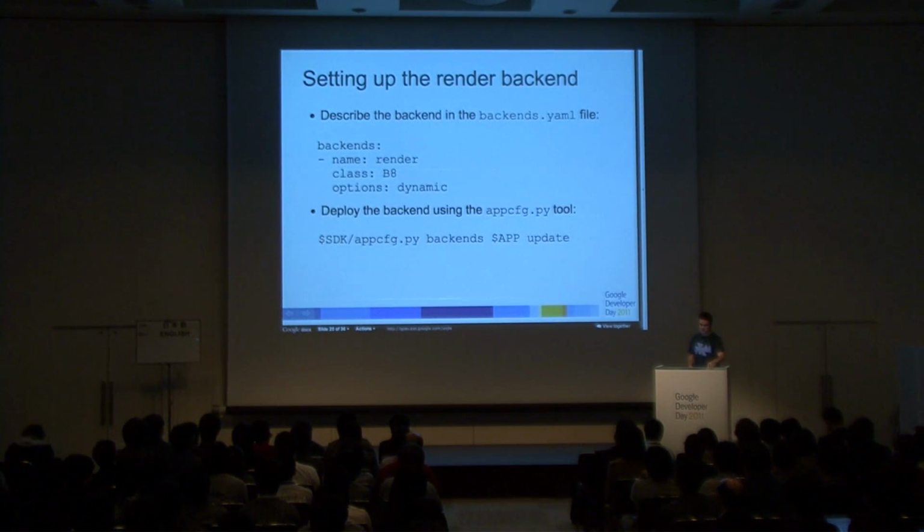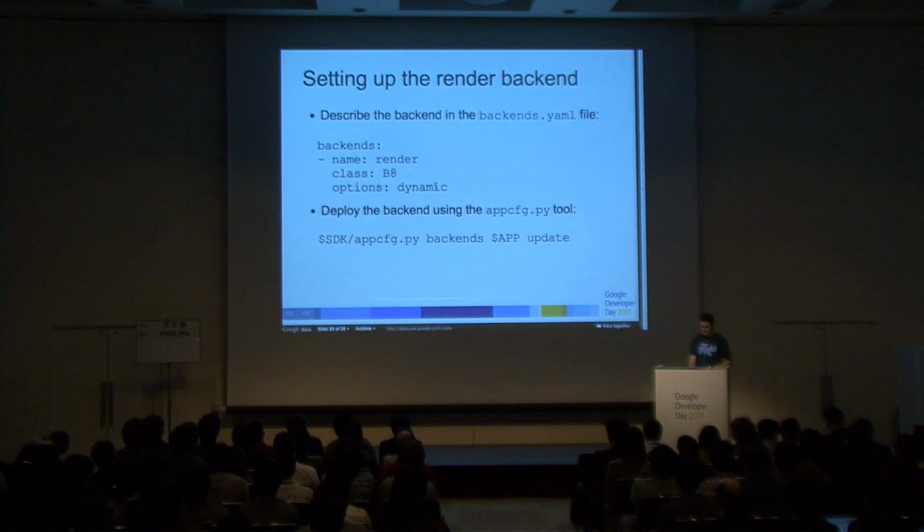So to set up the render backend, we create a file called backends.yaml in our app root. And this is the complete contents of the backends.yaml file. It defines one backend named render, and the render backend is of the biggest size, the biggest class, B8.